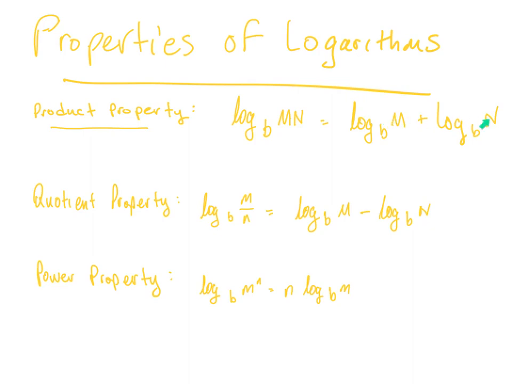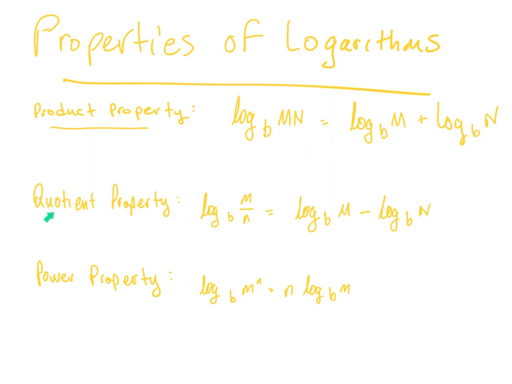So there you go, that's what we're doing here, we're adding the exponents. So we have, again, the log of base b of m times n is equal to, separating it, the log of base b of m plus the log of base b of n.